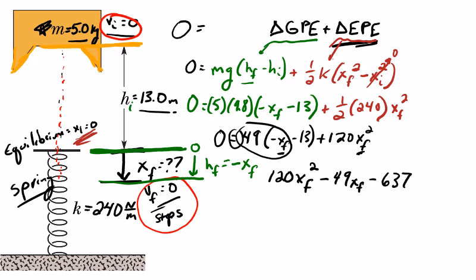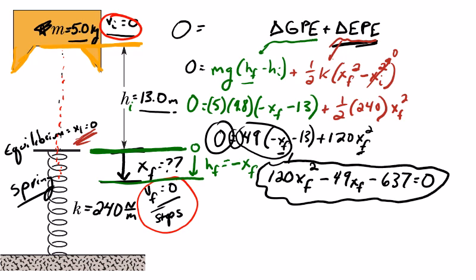And all of that equals 0. So now what I've got is I've got it in this format where this is my A, x squared, this is my B, and this is my C, and I'm going to go about actually trying to find out what XF is using the quadratic formula. Since I have this saved on my calculator, I'm going to go ahead and just use my calculator to solve this.